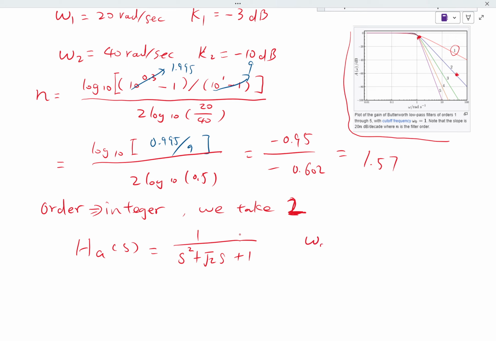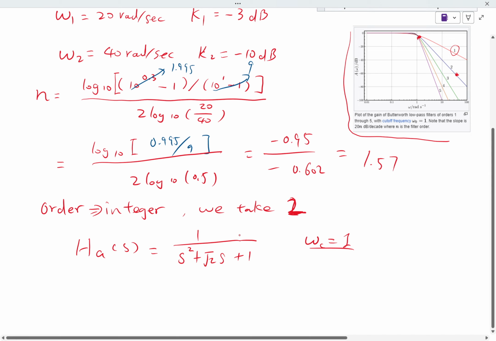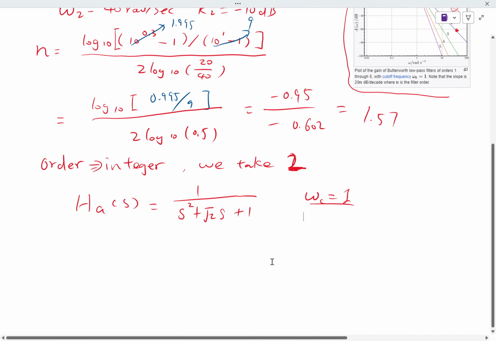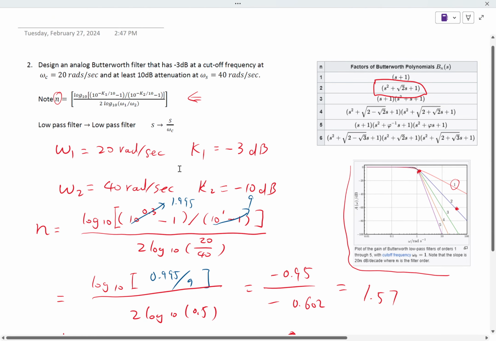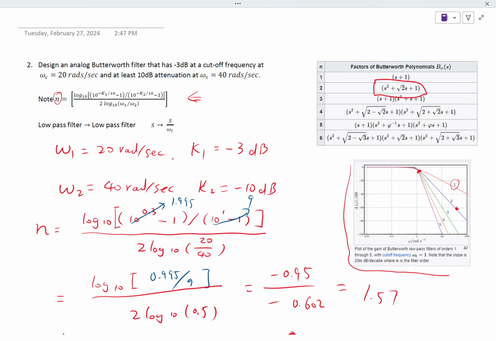That means the cutoff frequency for this one is 1. Our cutoff frequency is not 1, so we need to bring it into a new cutoff frequency. So we use this one, low pass filter to low pass filter. You just put the new frequency in.